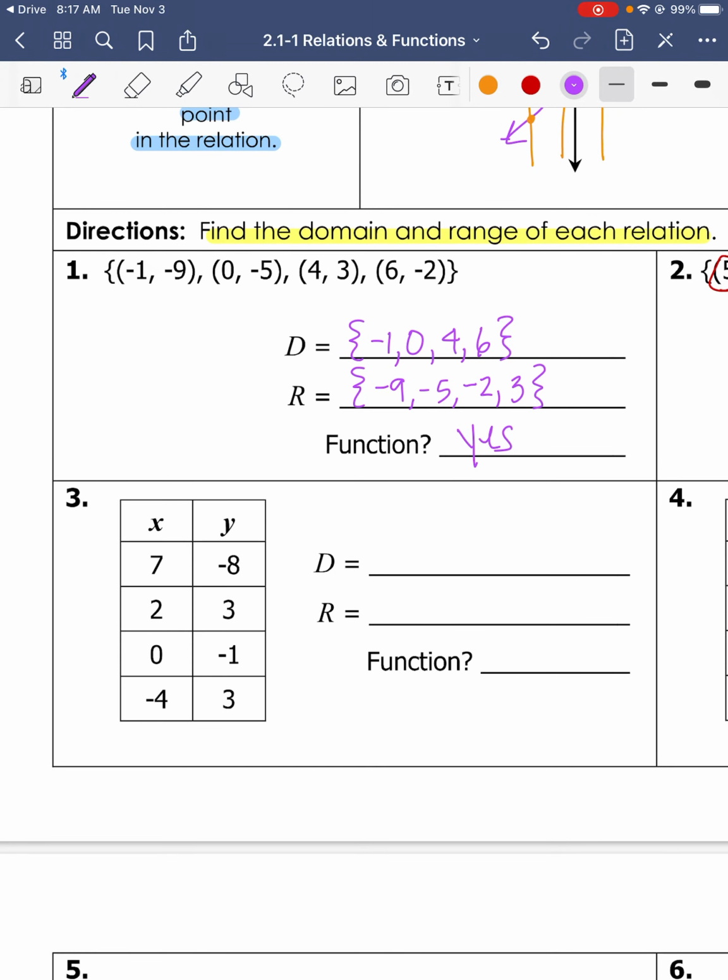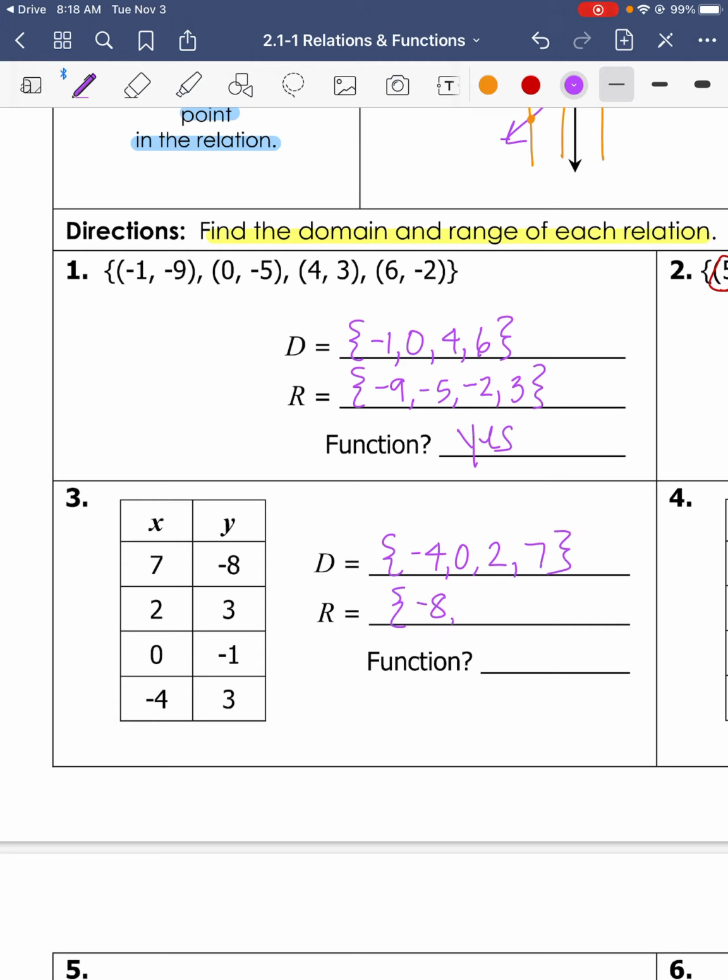All right, so same thing here, but we're looking instead at a table of values, which is a little bit easier to see. Our x's are listed here and our y's are listed here, so we just need to list those in set notation. For the domain, all of the x values starting at the smallest, we have -4, then 0, 2, and 7.